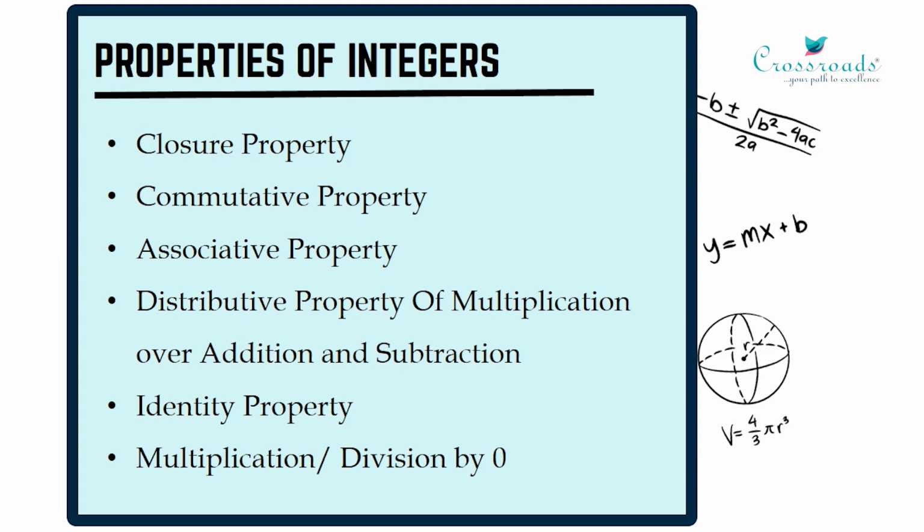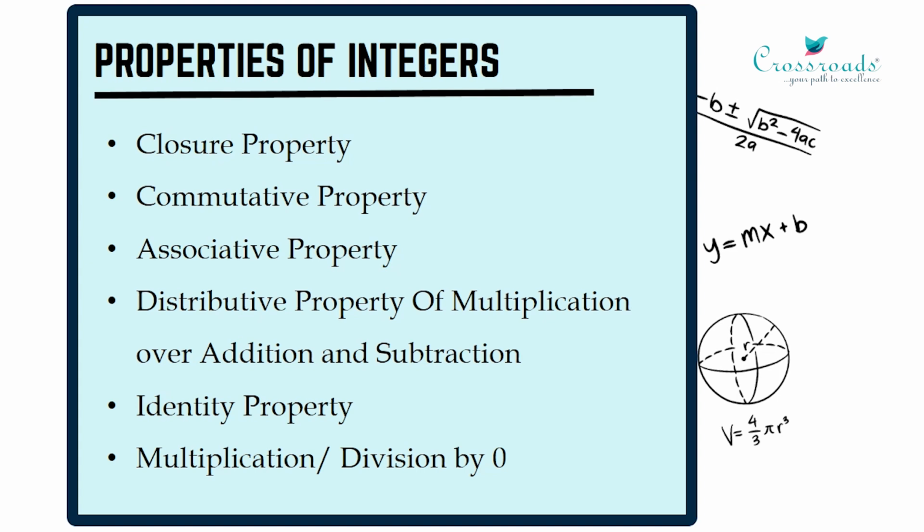Now coming to commutative property. Here we may take two integers. In whichever way they are added together, say a plus b or b plus a, the answer is going to be the same.